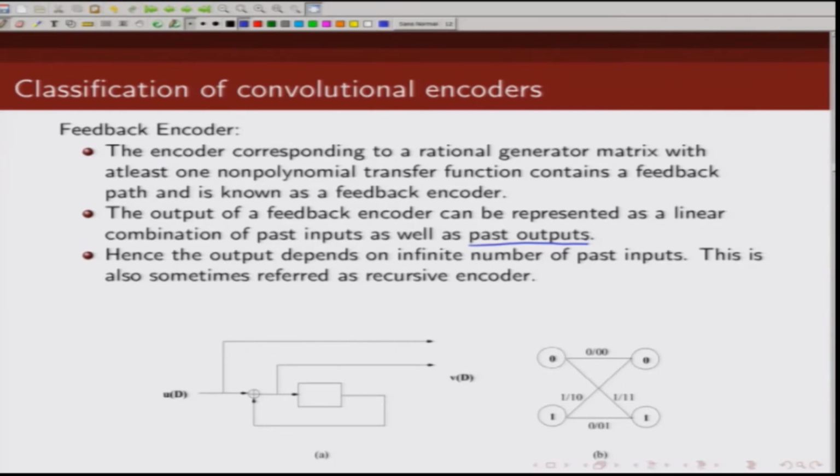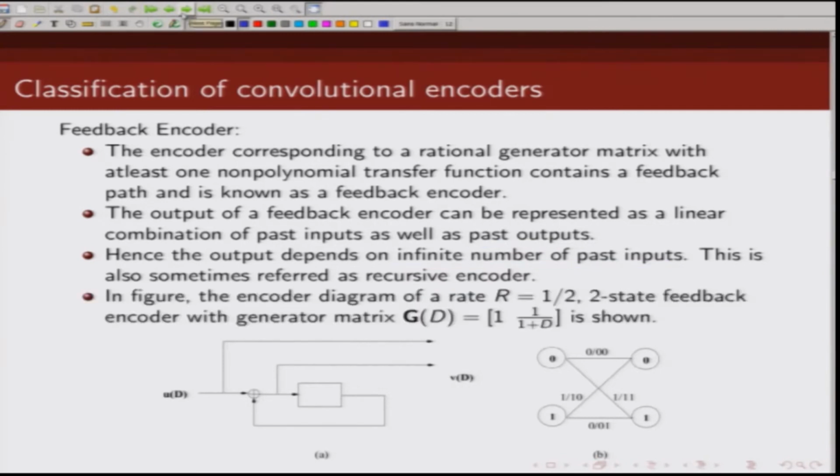So, the output will basically depend on infinite number of past inputs. Now, feedback encoder is also known as recursive encoder, and we just now mentioned one example of this feedback encoder is given in this figure.